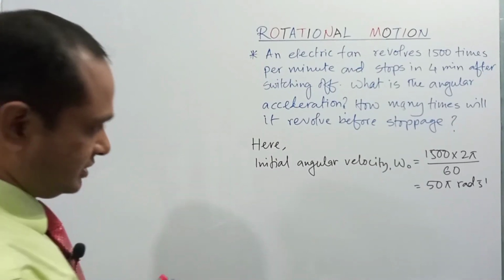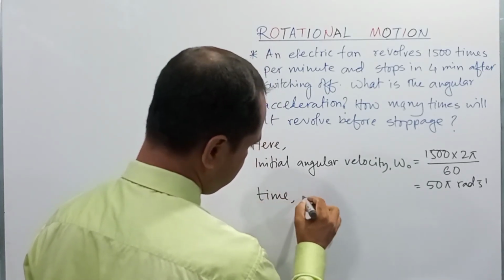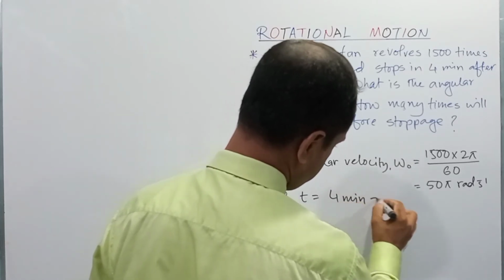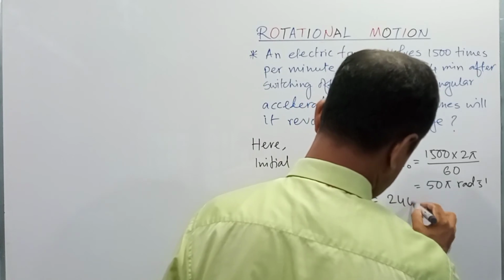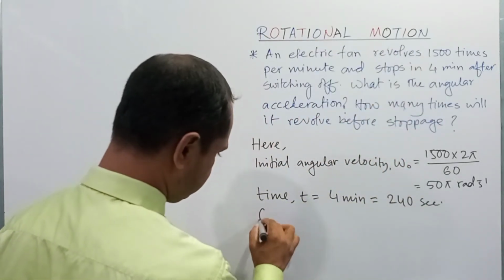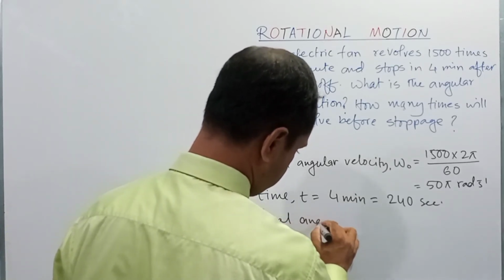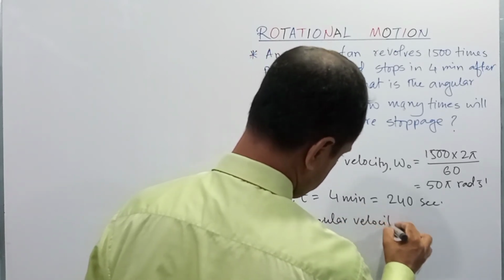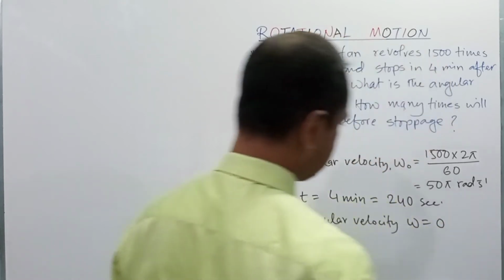Okay. Now, the given time t is equal to 4 minutes, that is 4 multiplied by 60. So it will be 240 seconds. The final angular velocity omega is equal to 0.